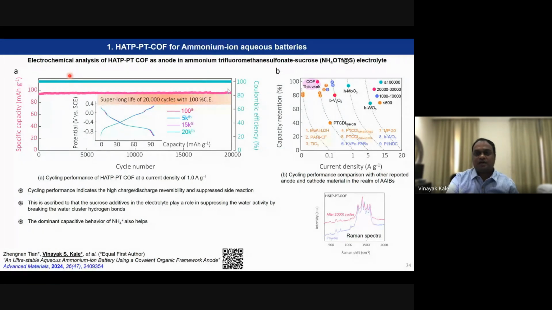And compared to other reports, our COF work also outperforms in terms of current density and capacity retention. We checked the Raman spectroscopy and we could see that after 20,000 cycles the Raman spectra are intact. It means it has very good stability in terms of structural properties.